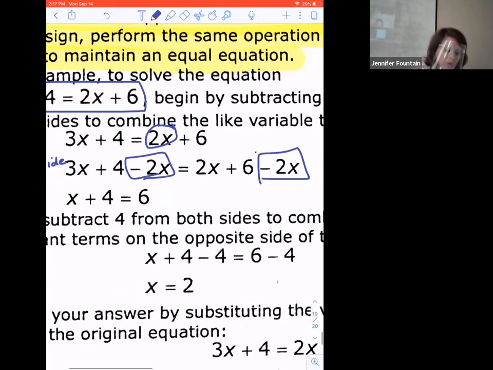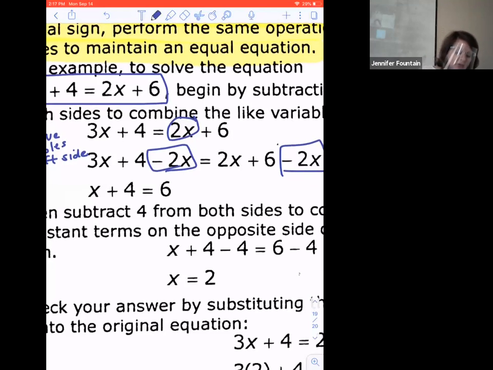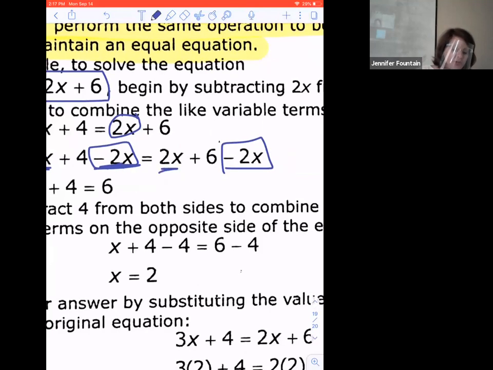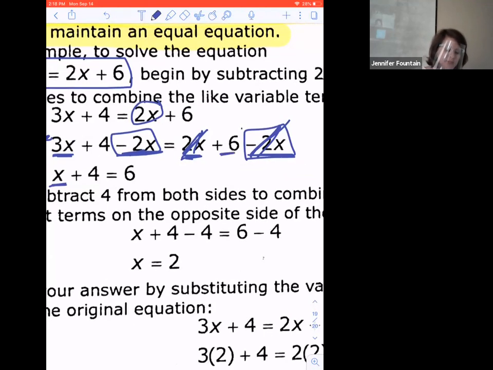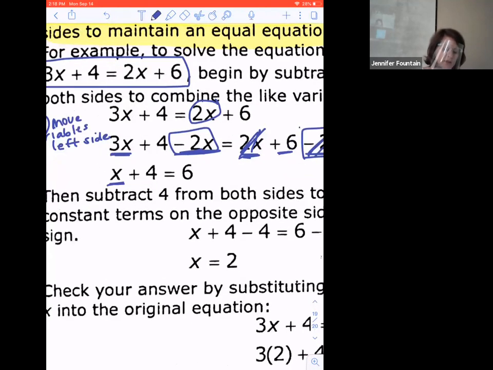So now when I subtract 2x, I've got 3x minus 2x is x. But over here, I have 2x minus 2x, so those cancel out because 2x minus 2x is 0. Okay? So I'm going to mark those out on that side. So over here, I've got now 3x plus 4. And over here, all I have left is x.